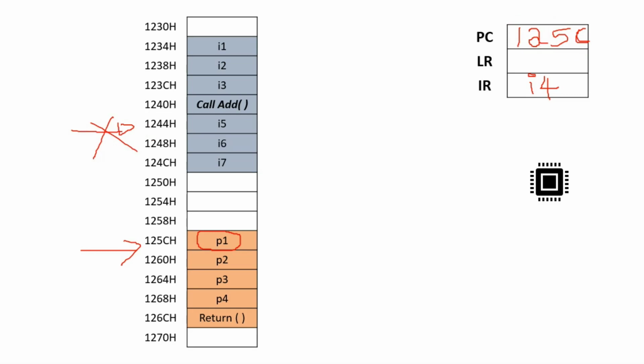Now you can see the program counter value is updated to 125C, pointing to P1, but the current instruction being executed is call add, that is the function call. Before updating the PC to the new value 125CH, whatever content PC had will be copied to the link register, that is 1244H.